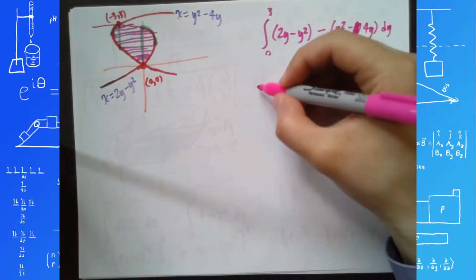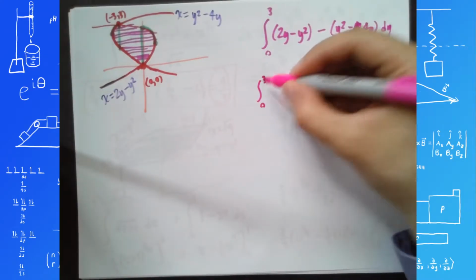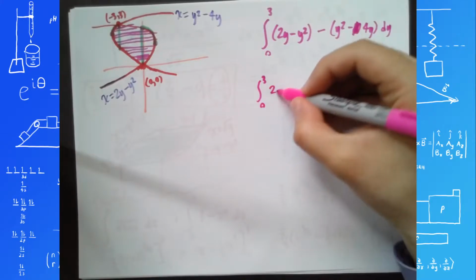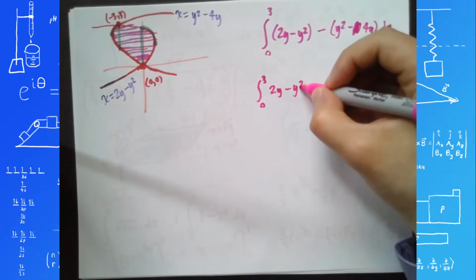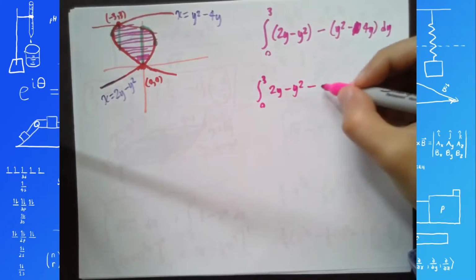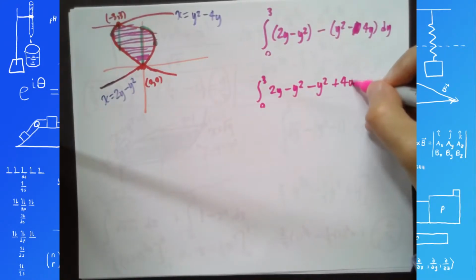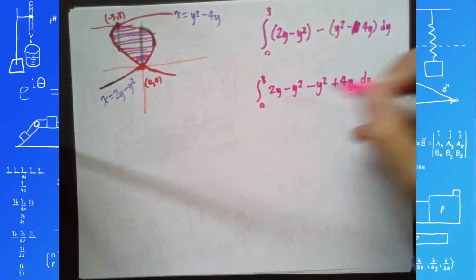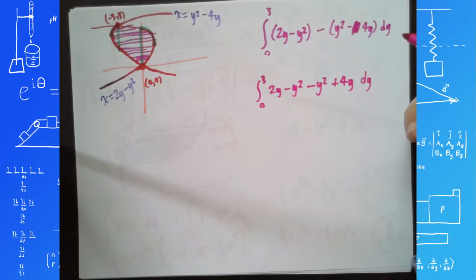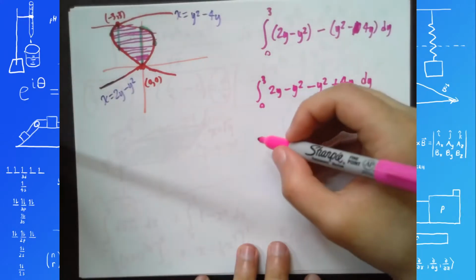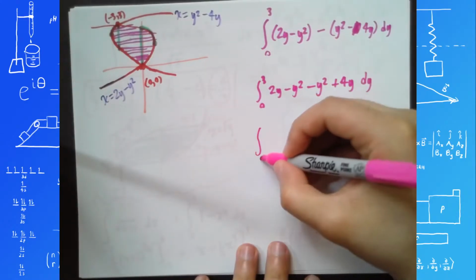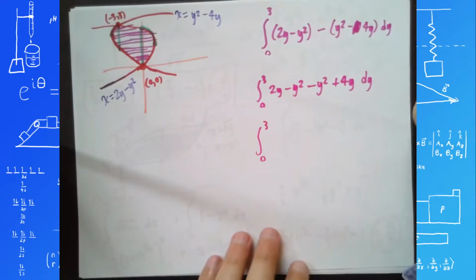Let's distribute that minus sign, so integral from 0 to 3 of 2y minus y squared minus y squared plus 4y. Oh, this makes things easier. Or does it? No. I thought the y squareds were going to cancel out. Spoke too soon.